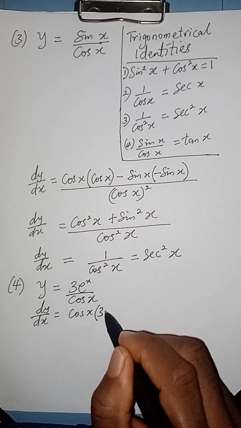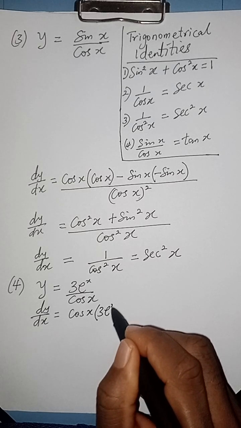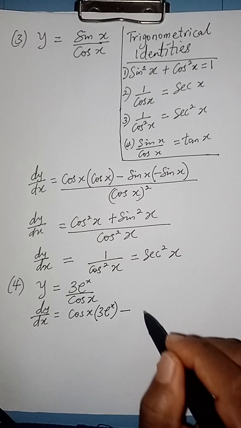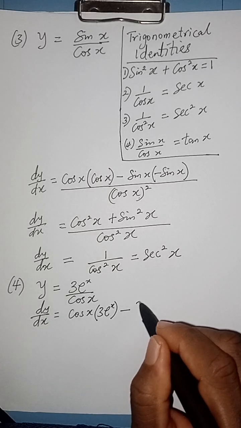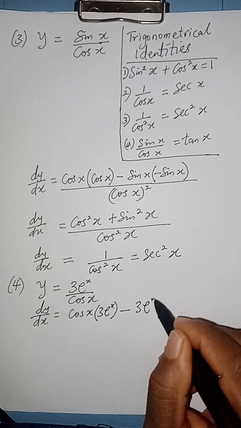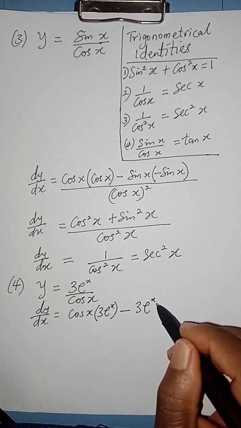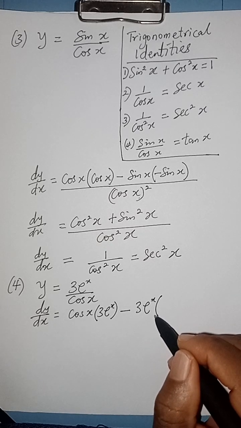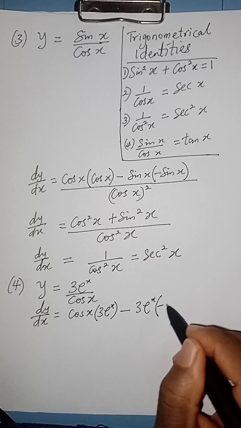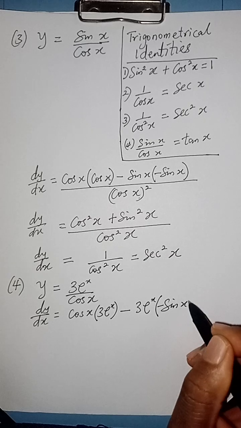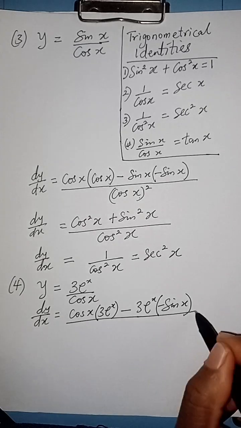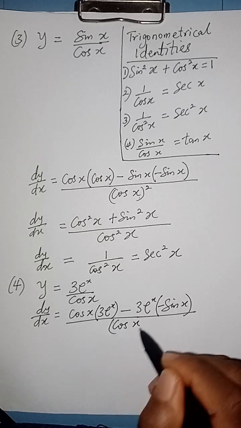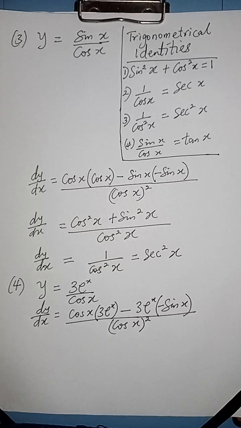That will still give you 3 exponential x in bracket, minus, then you keep 3 exponential x and differentiate cos x. If you differentiate cos x, it's going to give you minus sine x. Then the denominator, cos x all squared.